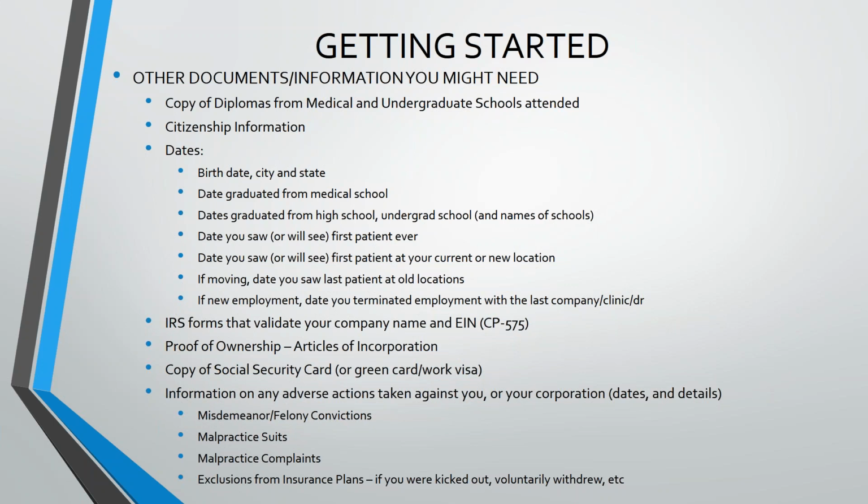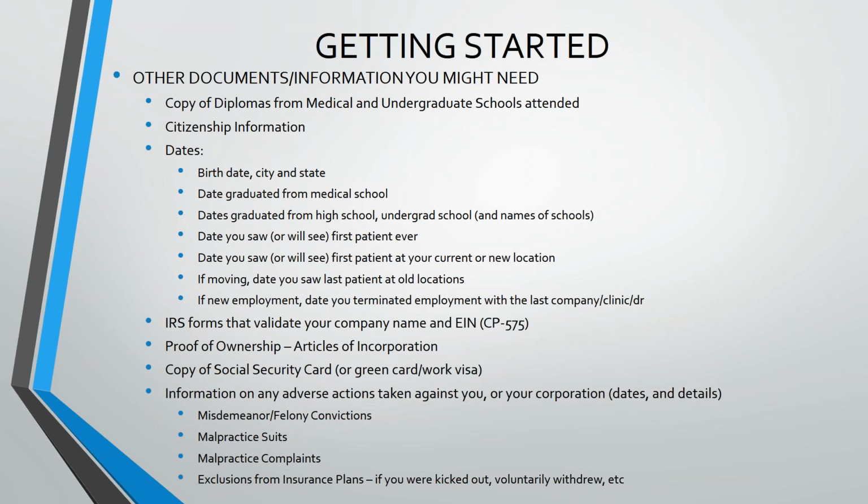and maybe they were hoping that we could push it through, but the insurance carriers have ways to find all of this out. Just because you say no doesn't mean they take your word for it. They will vet those questions, and they will investigate, and they will find out whether you have been excluded from any programs, or if you have any convictions or suits that have been brought against you. So please be honest with us about it, because your credentialing specialists don't want to waste time and money on a situation in which you may not be able to get recredentialed.